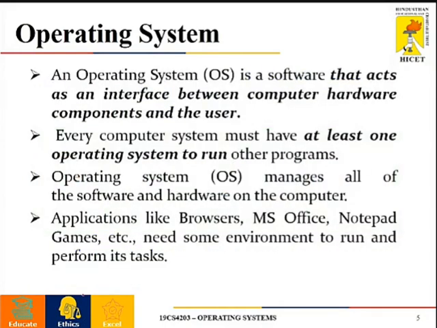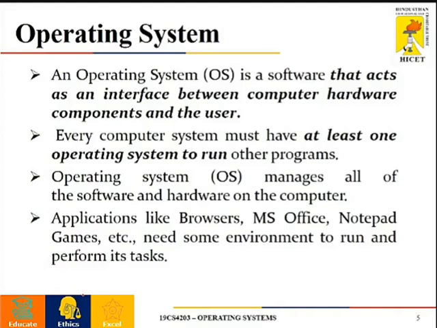So next we will move on to the further elaboration on the operating system. As I told all of you already, an operating system, OS, is a software that acts as an interface between computer hardware components and the user. Every computer system must have at least one OS to run the other programs.